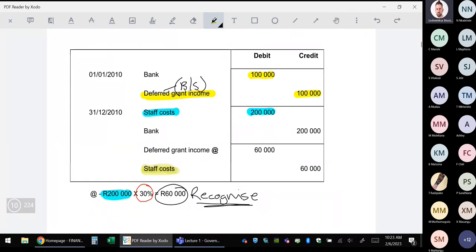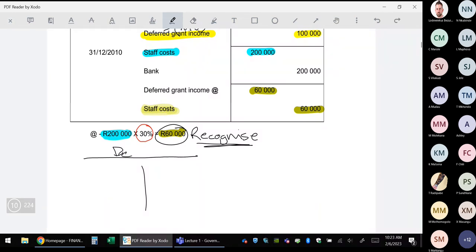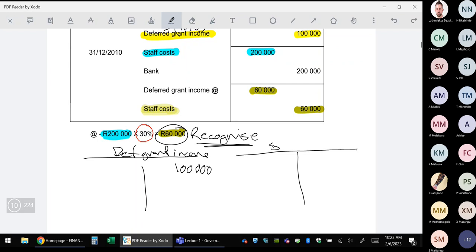Okay, so what do we have on our balance sheet? So we have deferred grant income, 100,000. Staff cost was 200,000 and we recognized 60.